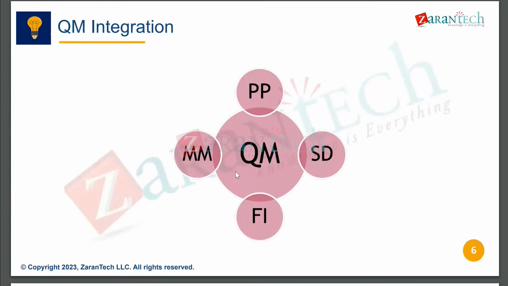Quality management is a module which is integrated across modules like materials management. When you're procuring a material, we have specifications, like this chemical has to have a pH value of 5, or the color should be white. For example, if you're procuring any material, quality will check whether the material procured from the vendor is as per our specification or not.